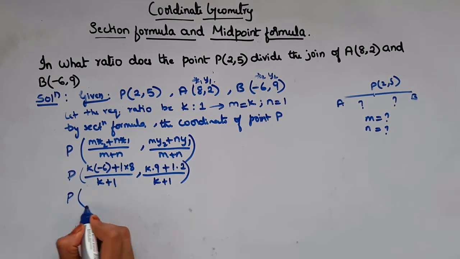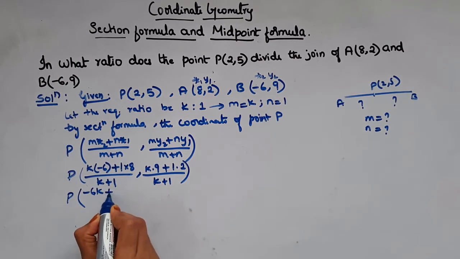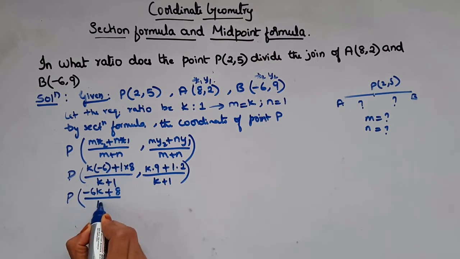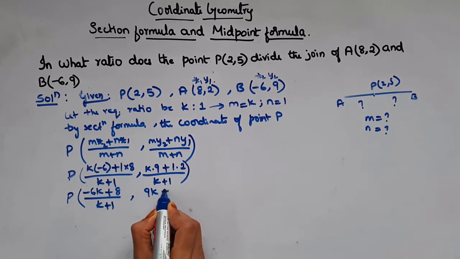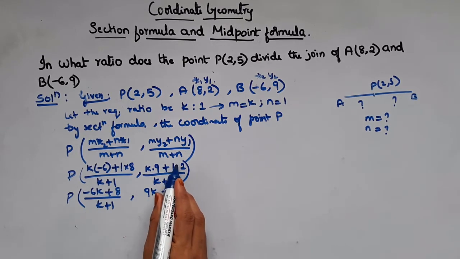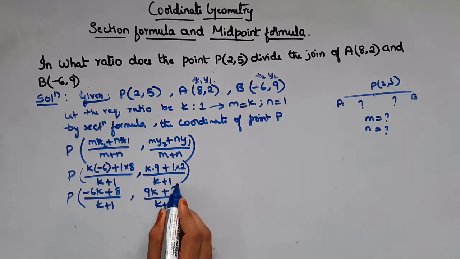So we have P of minus 6K plus 8 by K plus 1, and 9K plus 2, 1 into 2, by K plus 1, right?